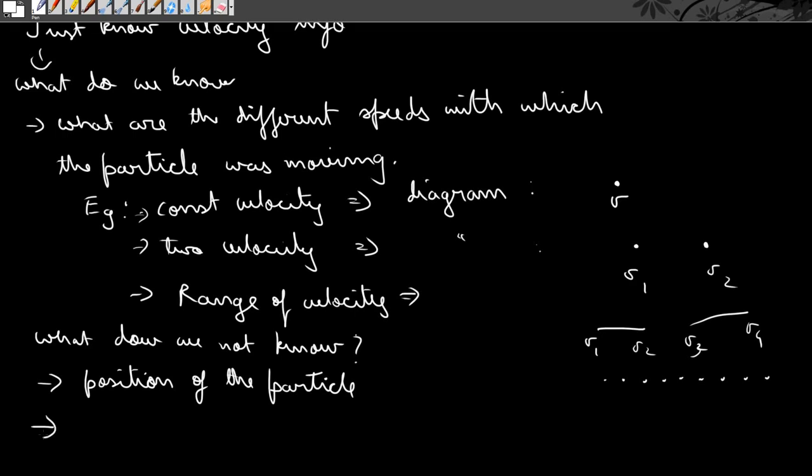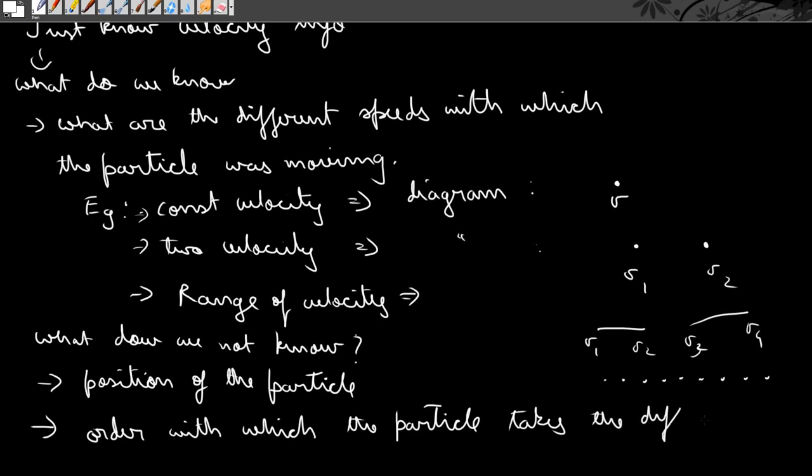Okay, and once again, if the particle takes multiple velocity values, we do not know the order with which the particle takes the different velocities. So this is the same as not knowing the dependence of velocity with respect to time.